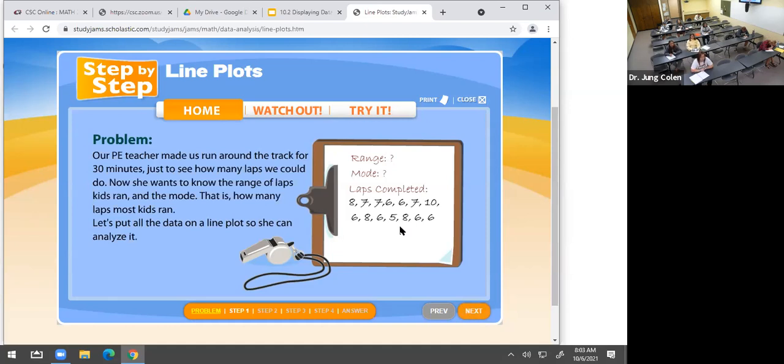The biggest number is the maximum and the smallest number is the minimum. The difference is, what is the mode? The average? The average. It's one of the central tendencies, right? So average is sometimes used interchangeably with mean.